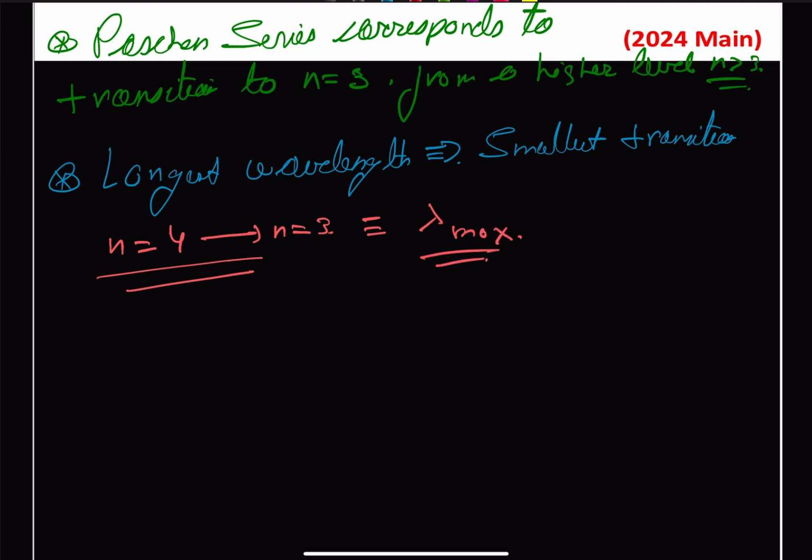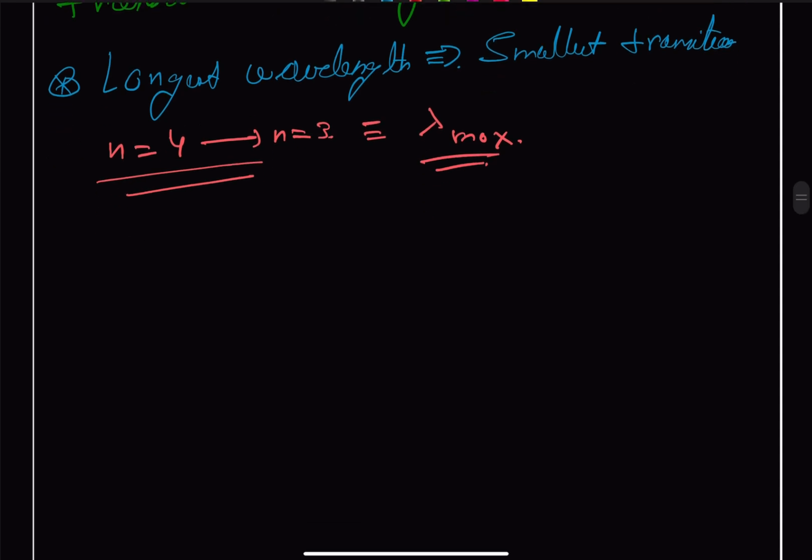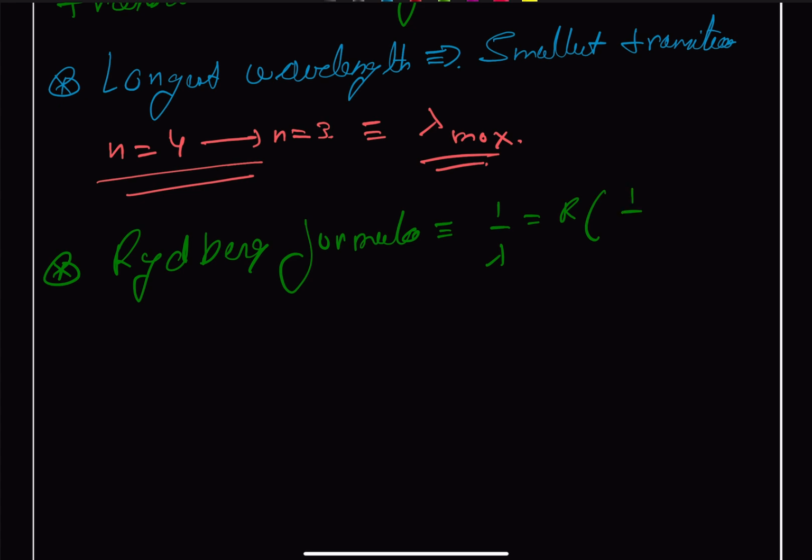Now we can just use the Rydberg formula, which gives us 1 upon lambda is equal to R times 1 upon 3 square minus 1 upon n square, and over here this lambda is lambda max.